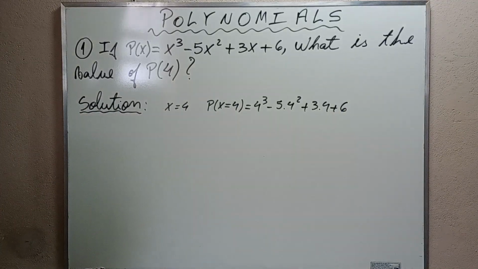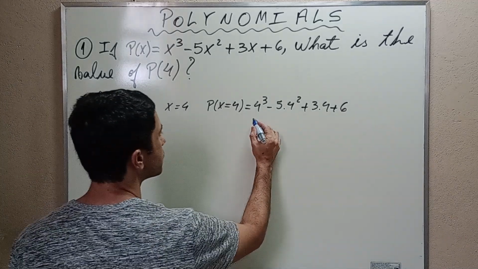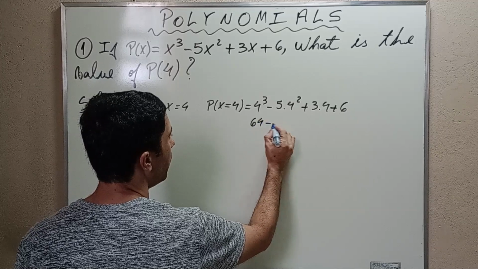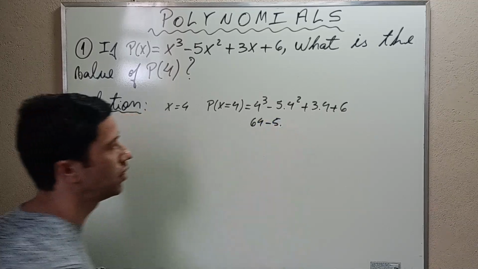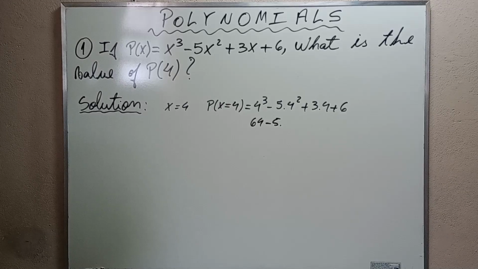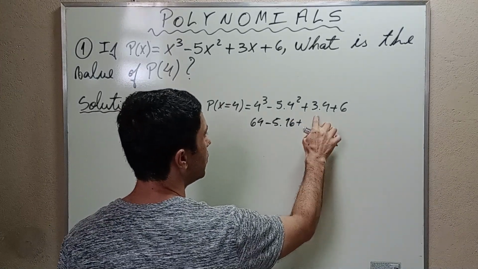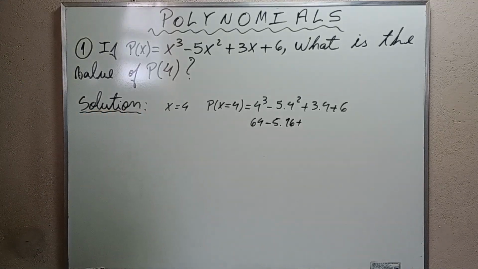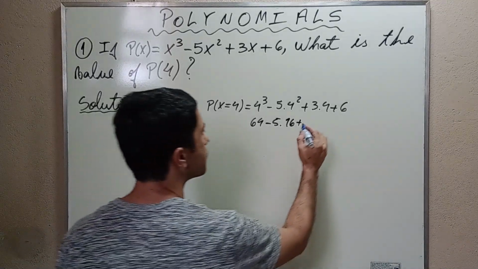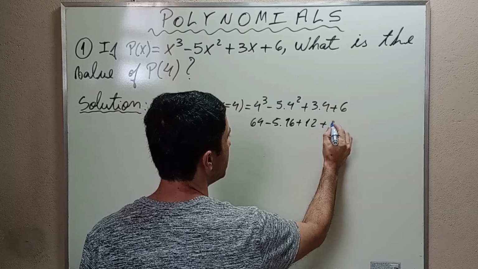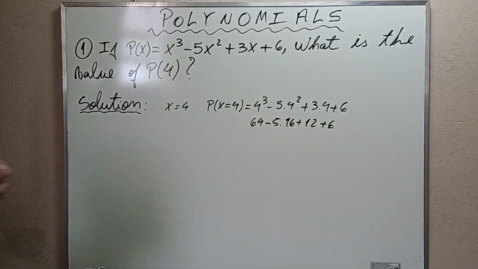This is how we do it. 4 cubed is 64, minus 5 times 4 squared, which is 16, plus 3 times 4 is 12, plus 6. Okay?